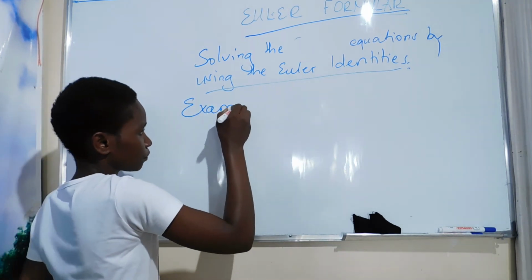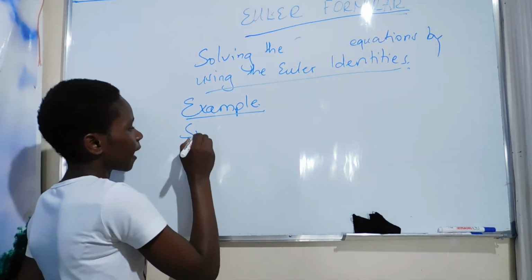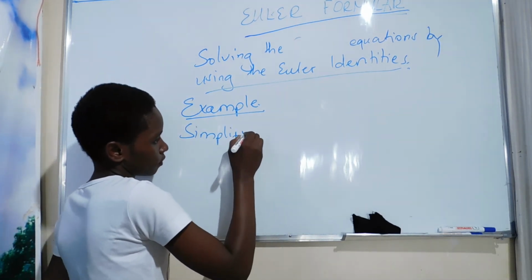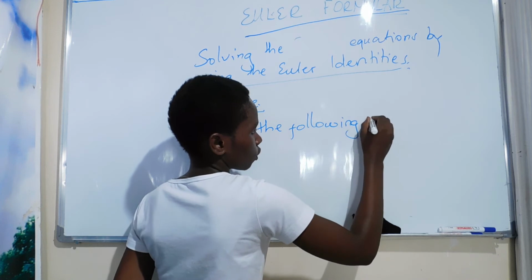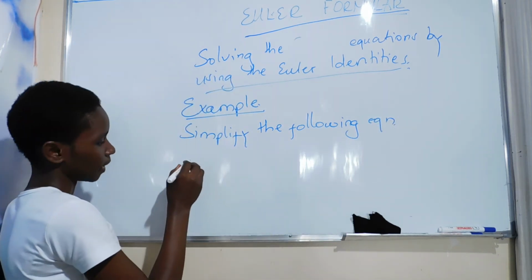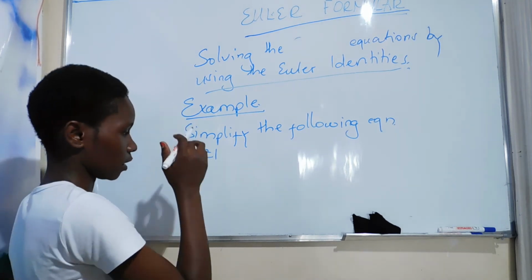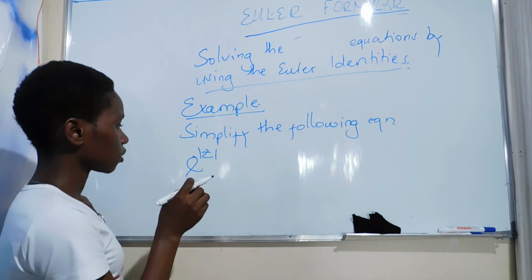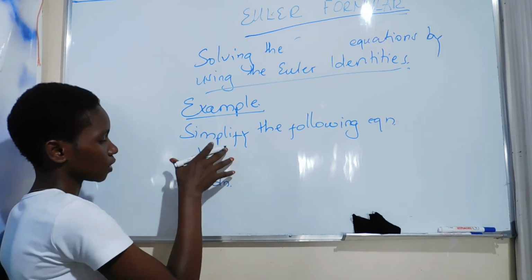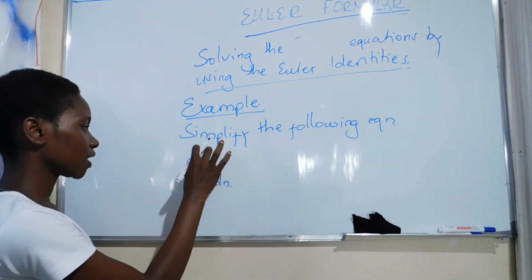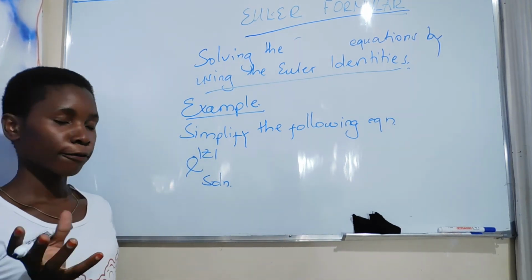Example, you are given, simplify the following equation which says e^z. You are told to simplify the equation. What you are required to do is to see how you will find the relation between z and Euler's e, in order to bring the normal identity, which is the polar form identity.